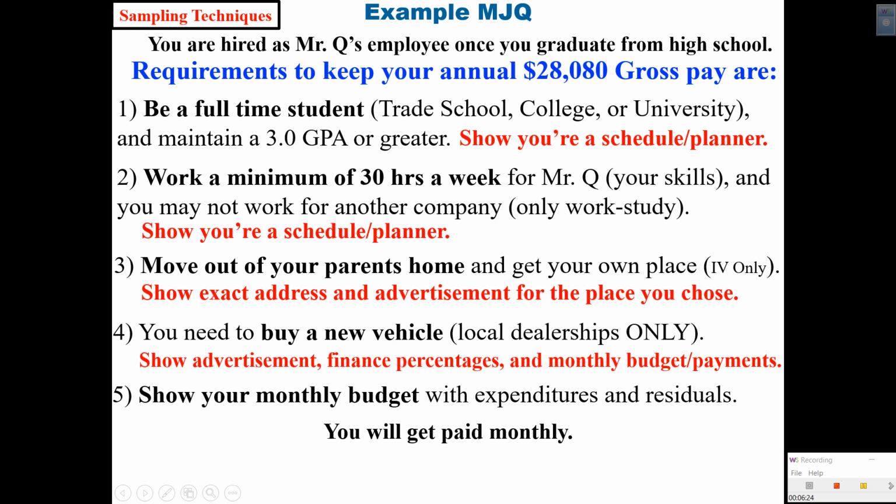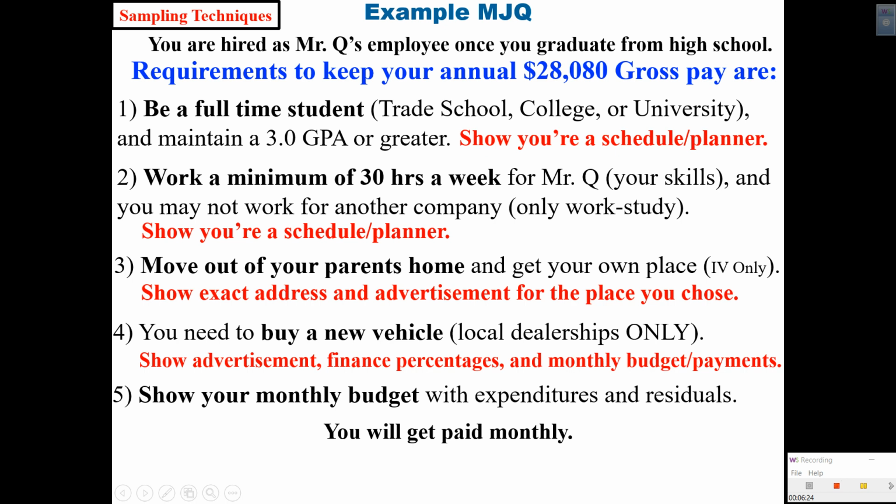Now, I gave you back some of those documents. Some of you forgot to take off the tax for the year. So make sure you think about that when you're doing budgets. Also, some of you forgot to give me more detail in your presentation.